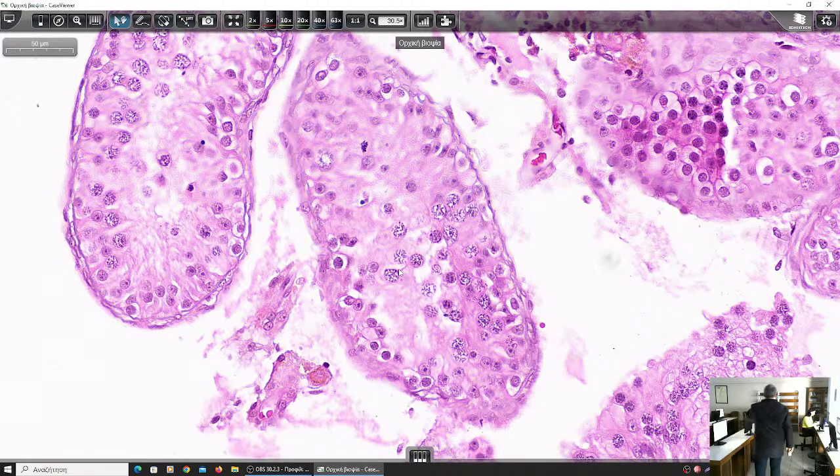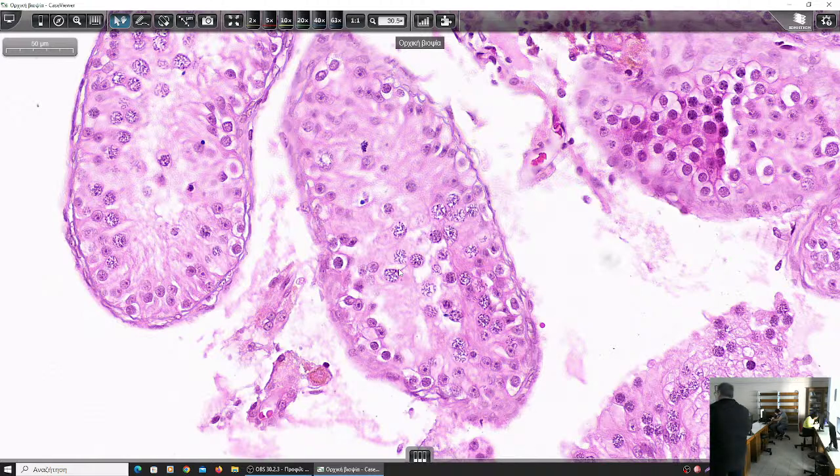So what are the patterns of infertility? Sertoli cell only syndrome, early spermatocytic arrest, late spermatocytic arrest, hypospermatogenesis, and active spermatogenesis. Rarely is one of these patterns the only one that you can see.